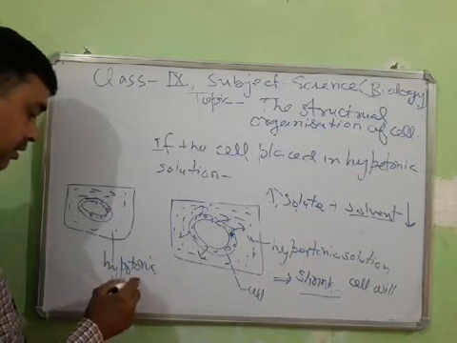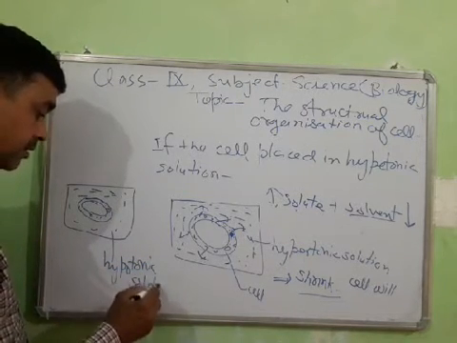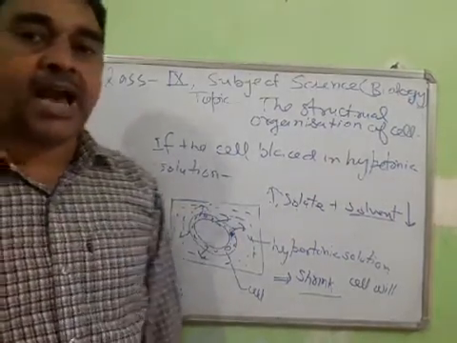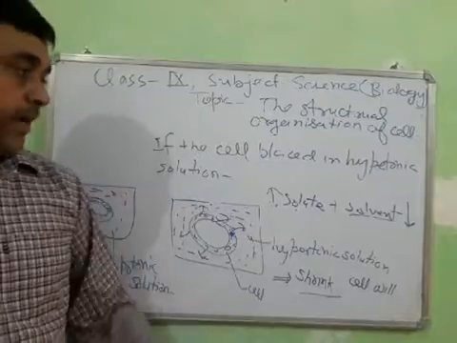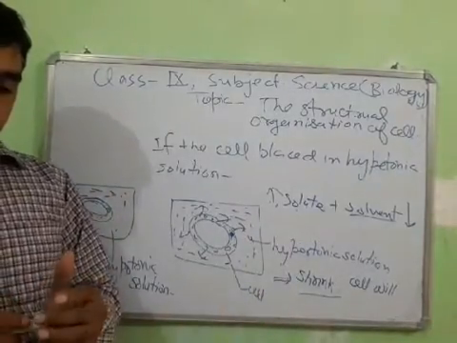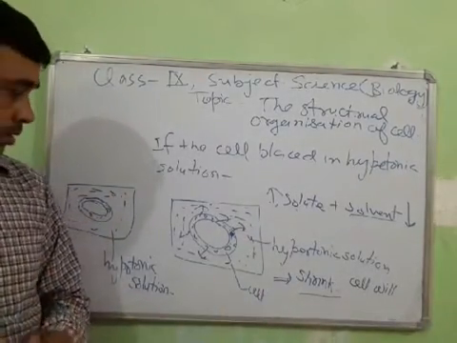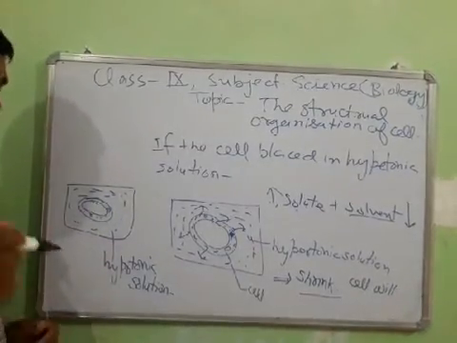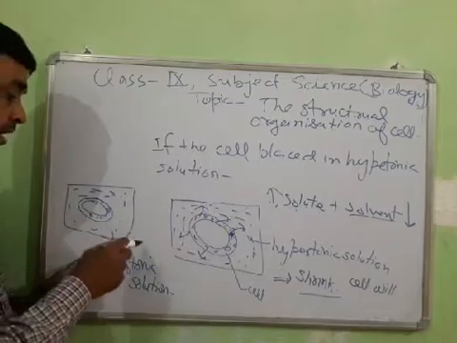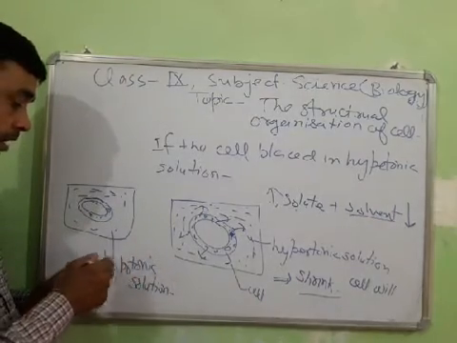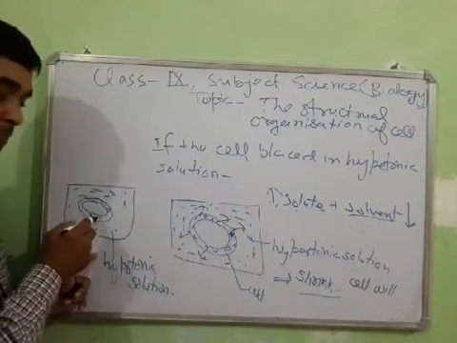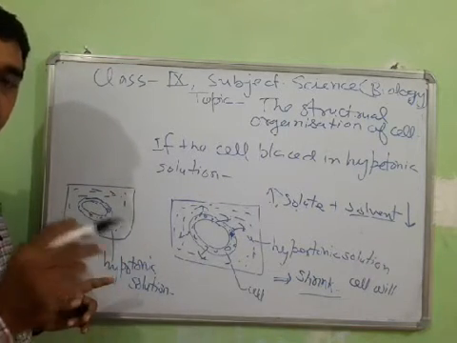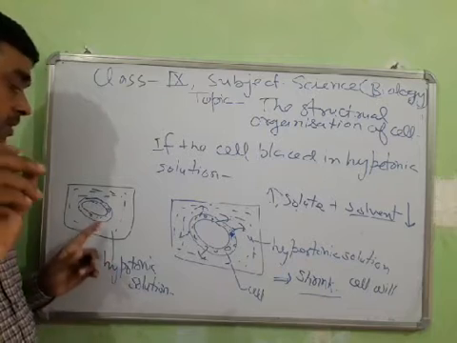Hypotonic solution means the water content is higher than the solute particles. When a cell is placed in the hypotonic solution, the amount of water outside is more in comparison to inside the cell. In the cell there is very little water.